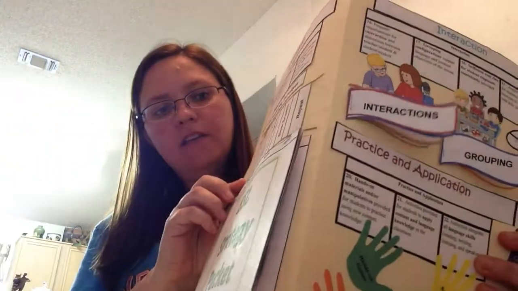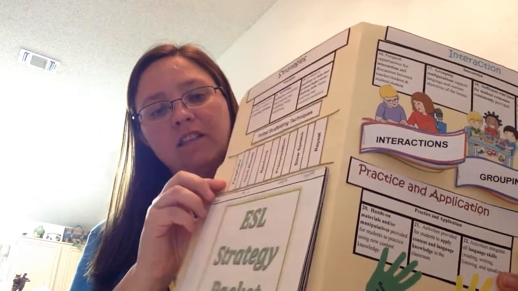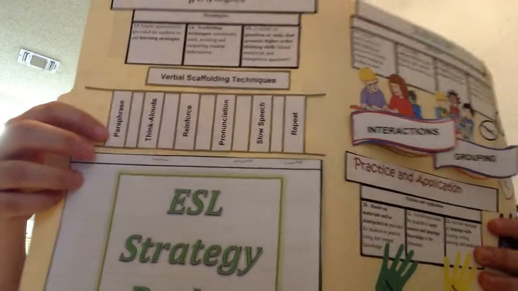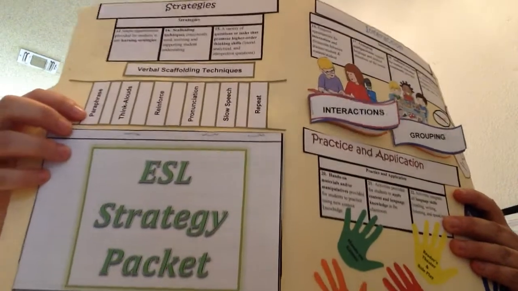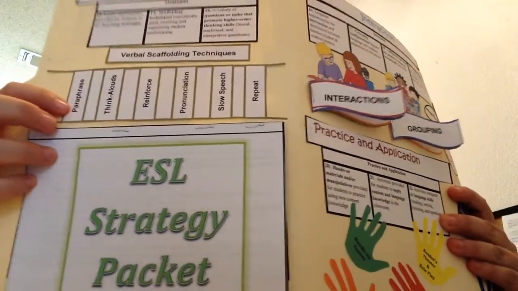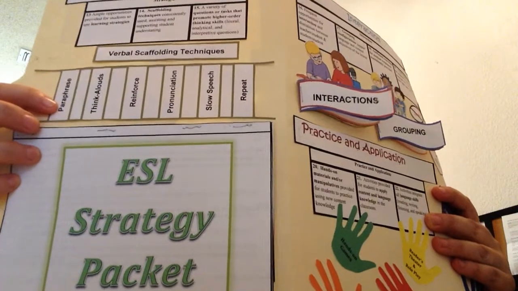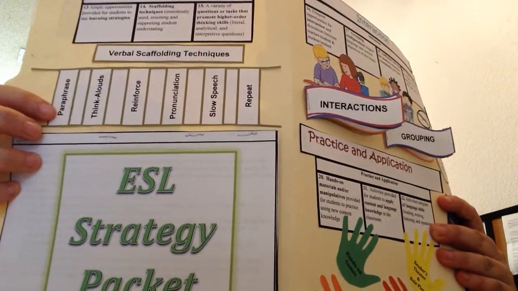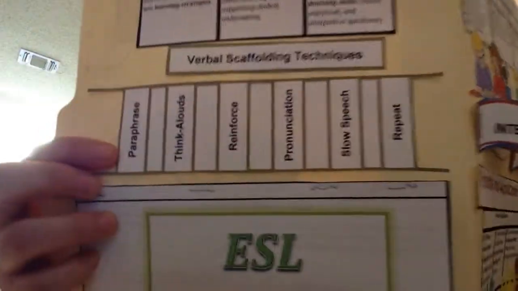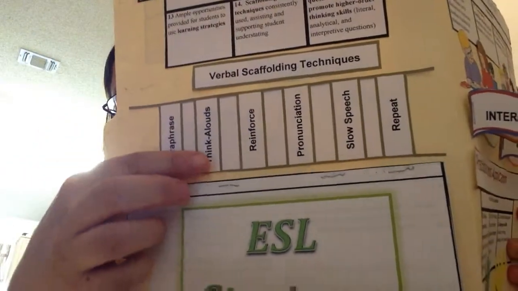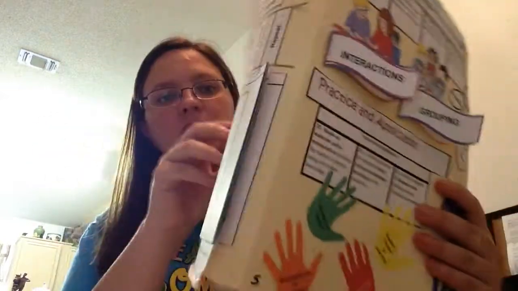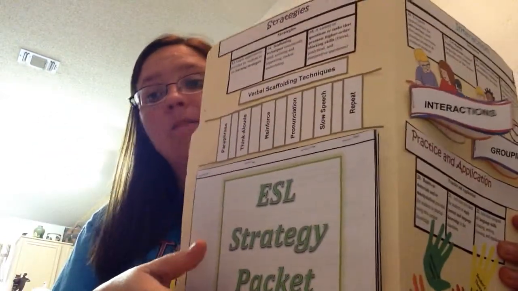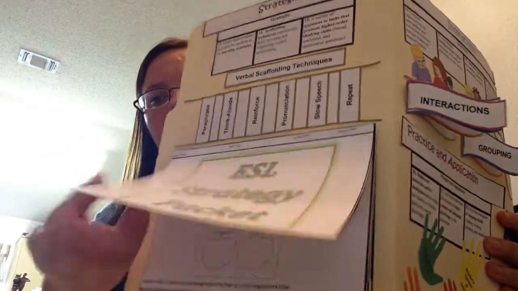And we have these verbal scaffolding techniques. This is our bridge, and this, our ladder. This ladder is for teaching a concept to ELLs. This ladder represents the techniques I should use. So you can see it says paraphrasing, think aloud, same things that we've been going over, but just keep this in mind all the time when working with your ELLs.